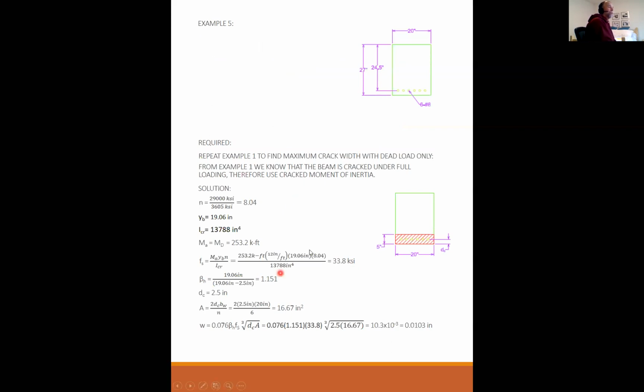Okay, so look at all the variables that went into the Gergely-Lutz equation: beta, f_s, d_c, and A. Beta, you don't really have much control over, and that's only 15%. f_s is a big contributor, 33.8 ksi. You really don't want to be much higher than that under service loads.